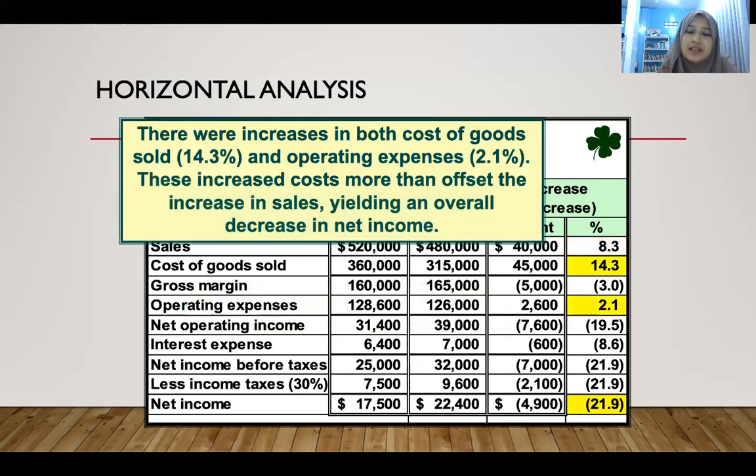When we check all the items, we can identify that there were increases in both cost of goods sold, which is 14.3%, and operating expenses, which is 2.1%. So the increase of these costs has offset the increase of sales, which leads to the decrease in net income. It's very much a logical analysis that can be performed from the change amount or percentage given by horizontal analysis.